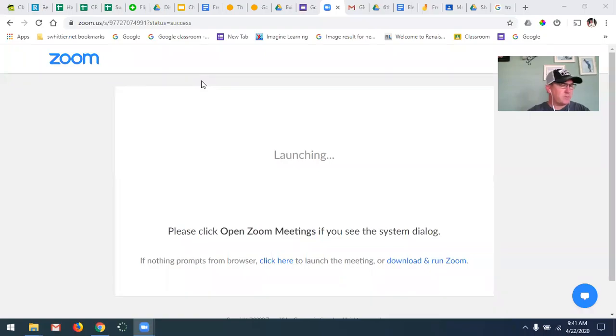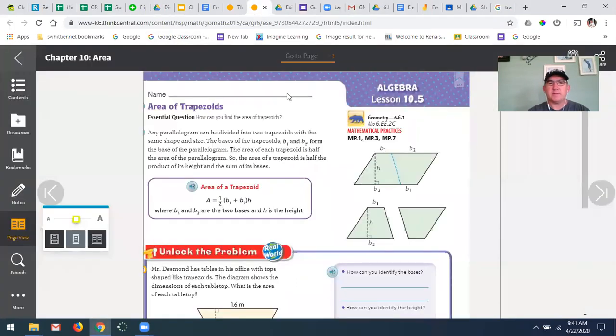Make sure you have your book open to page 405 so we can go over this lesson, the area of trapezoids. So again, how can you find the area of trapezoids? Yesterday and the day before, we learned a formula for that.